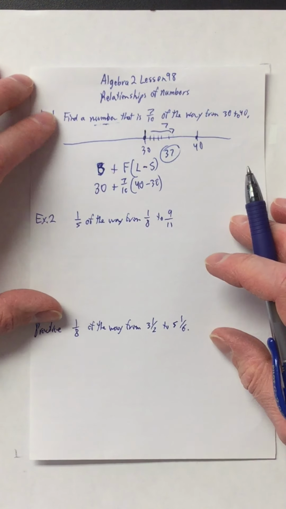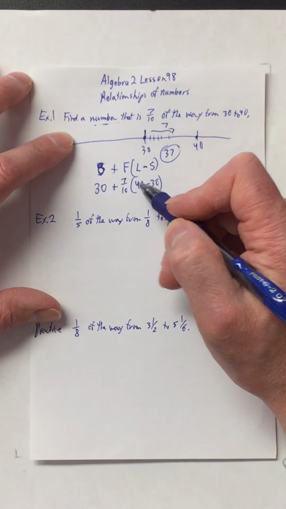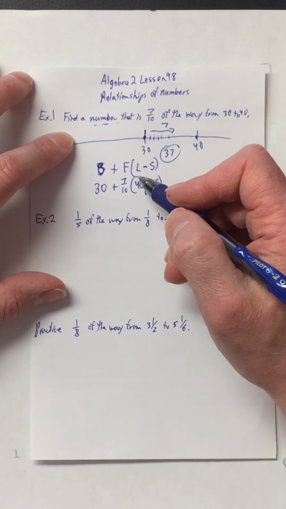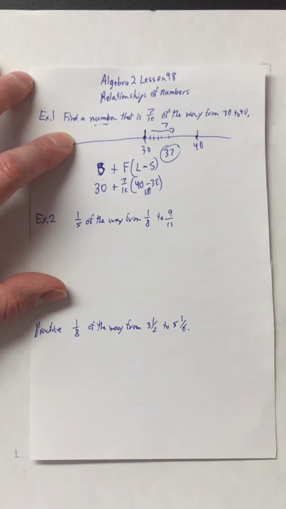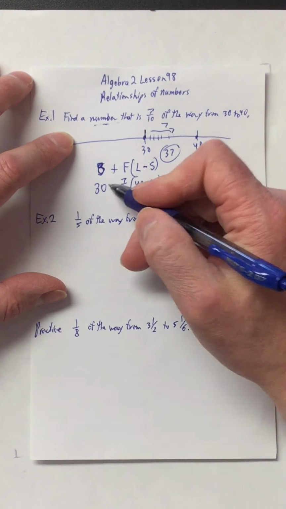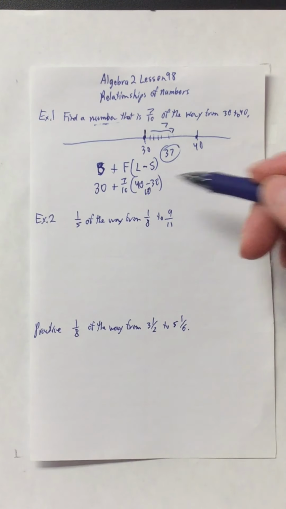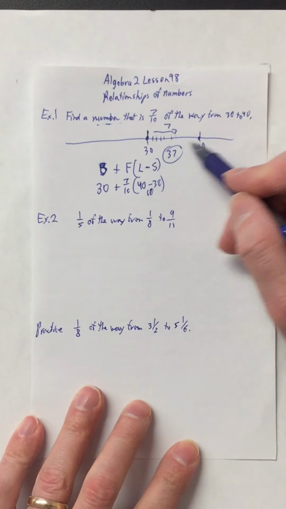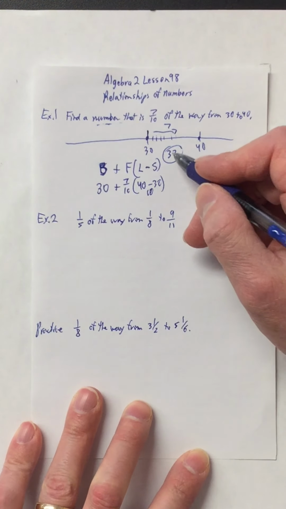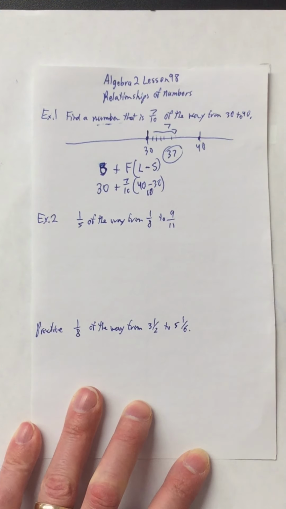So if we set that up, this would be 10, and 7 times 10 divided by 10 would be 7, right? 70 divided by 10, and then 30 plus 7 gets us our answer there. So we're going to need that as we look at this next one, when we get into more fractions and not the whole numbers as far as the two distances that we're getting a fraction of.